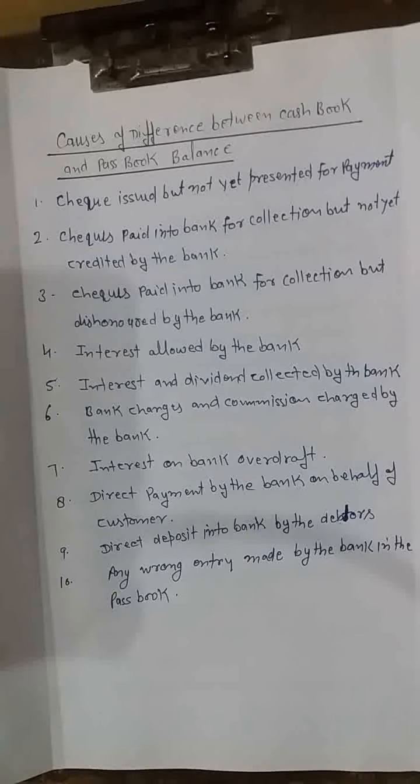The bank credits the account of the customer for such collection as soon as it gets such payment, but the same will be entered in the cash book only when the customer receives the passbook or statement from the bank. The balance shown in the cash book is less than the balance shown by the passbook.